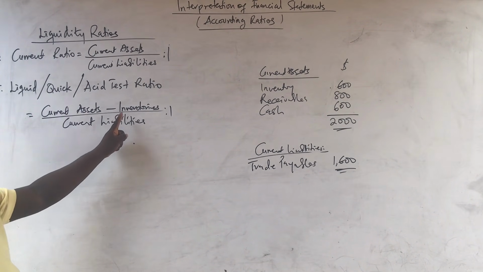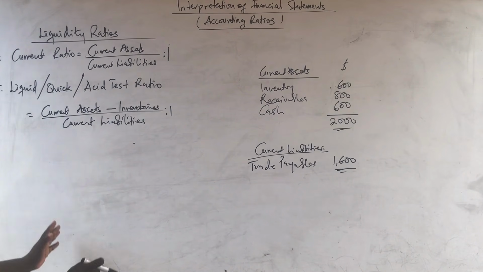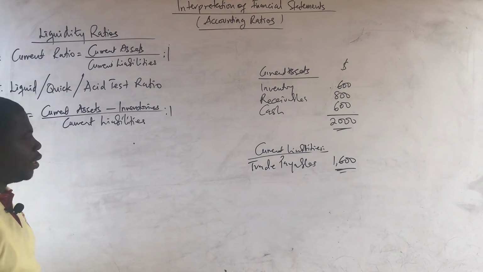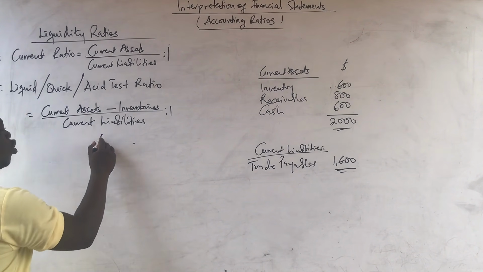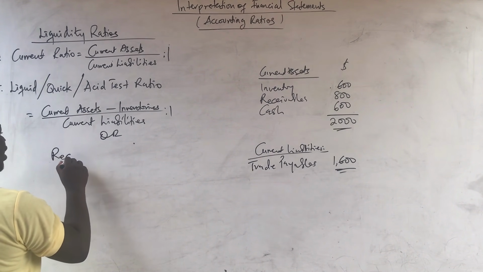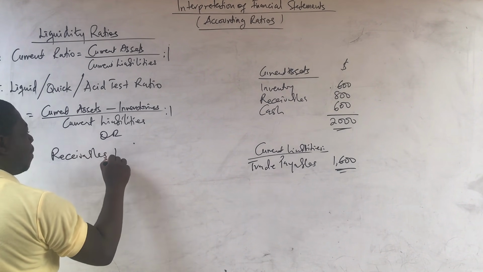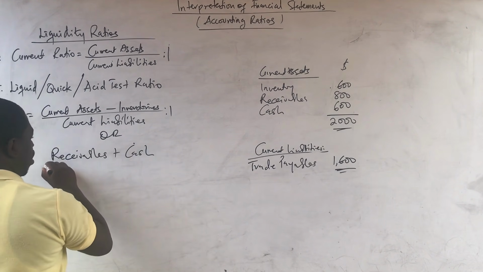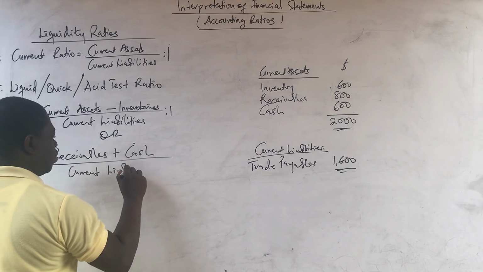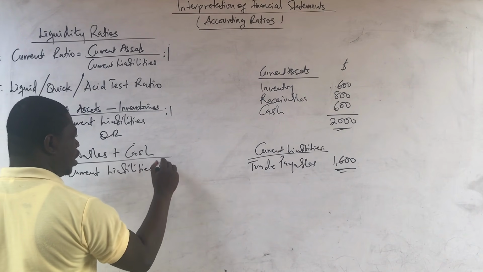The only thing is that we are taking out inventories. And if it is current assets minus inventories, then we can rewrite it this way, as in some books you will see. You can see it as receivables plus cash all over current liabilities, and it's the same thing, is to 1.